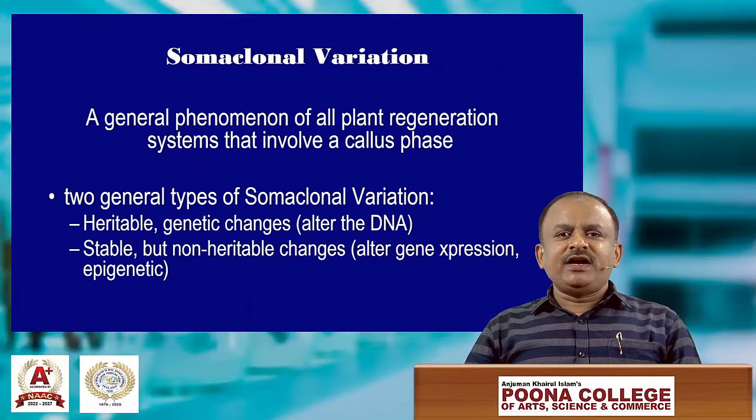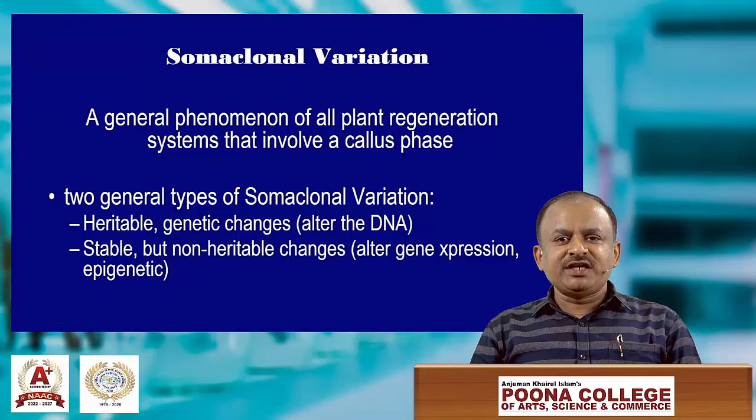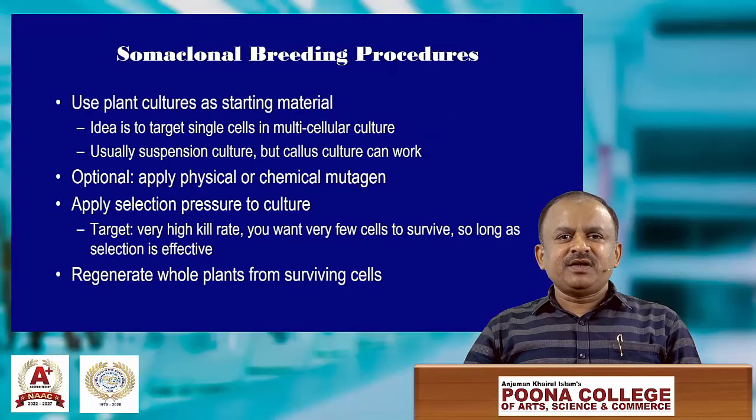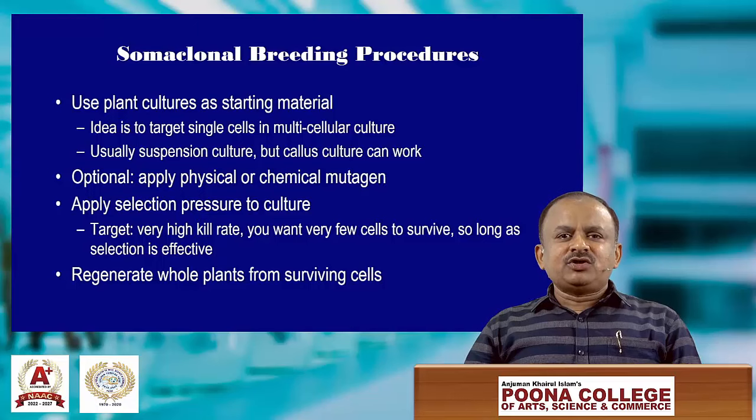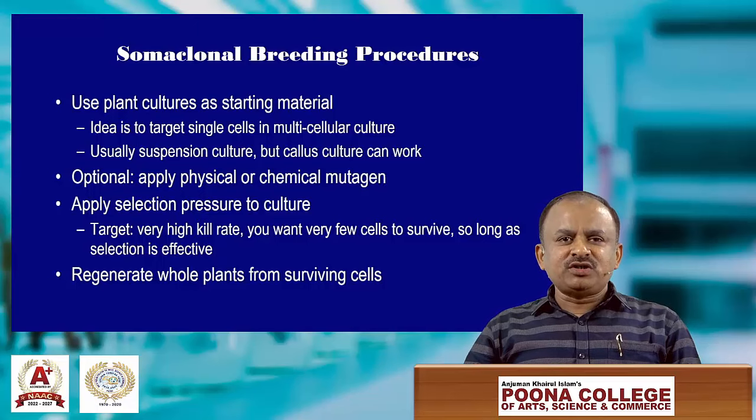It is a general phenomenon of all plant regeneration systems that involve a callus phase. Two general types of somaclonal variation we have to consider here: heritable genetic change that alters the DNA, and stable but non-heritable changes that alter gene expression, which is epigenetic. In somaclonal breeding, producers usually use plant cultures as starting material.